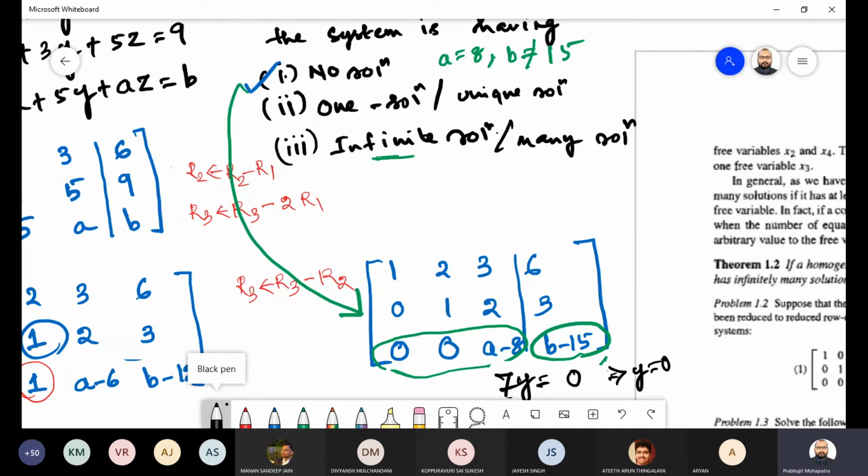That is possible, but that is not no solution; you are getting a solution. Contradiction should happen. If on the left hand side you have a variable and on the right hand side only constant values, understanding or not?